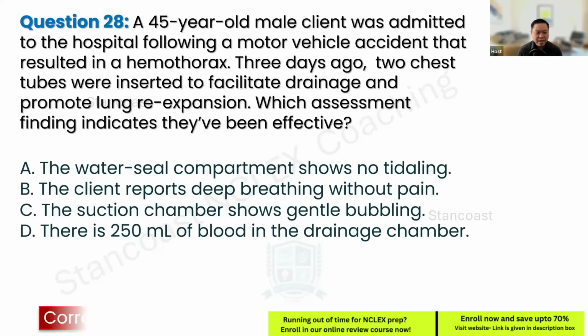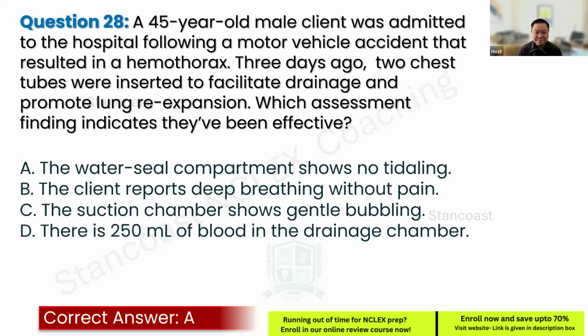The correct answer here is letter A. The lack of tidaling in the water seal compartment usually means the lung has re-expanded, which indicates that the treatment has been successful. If you selected letter B, this is incorrect. While lack of pain during deep breathing is positive, it doesn't confirm lung re-expansion.